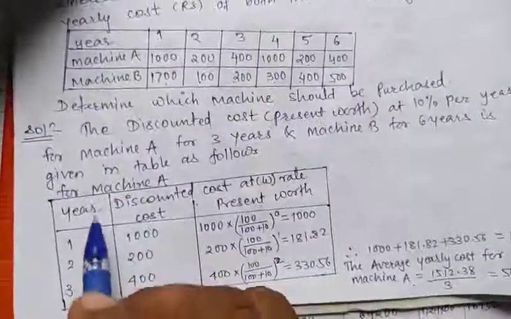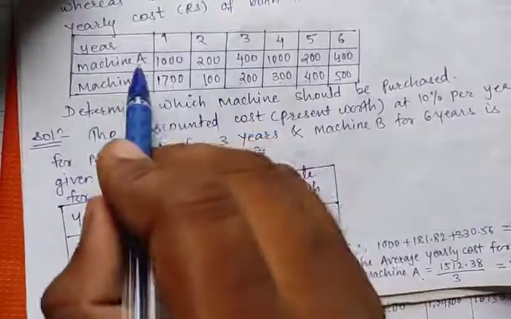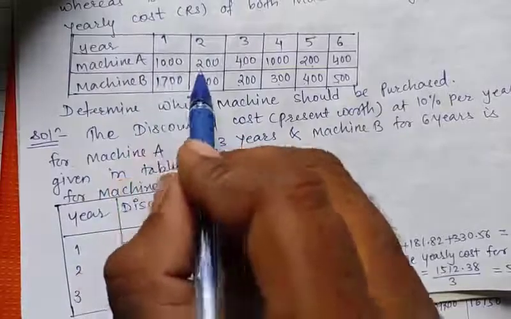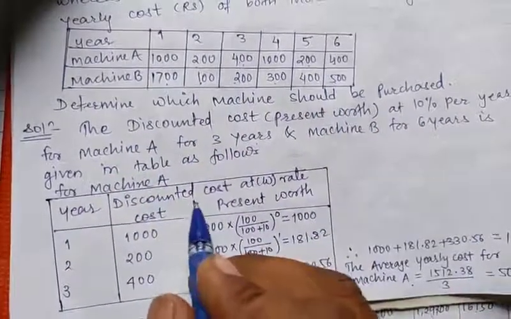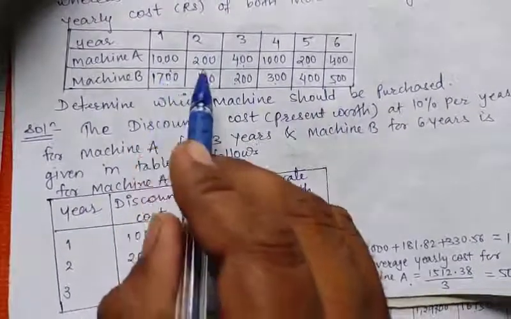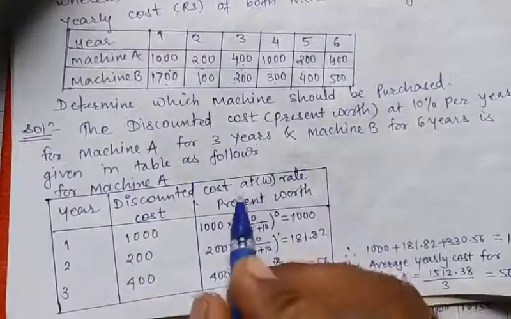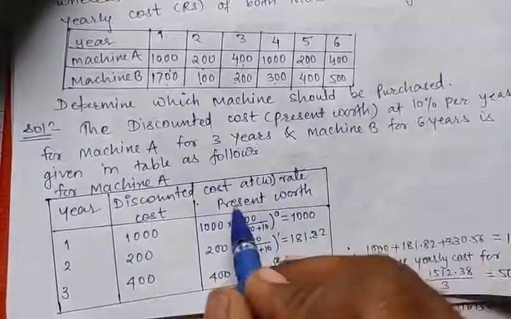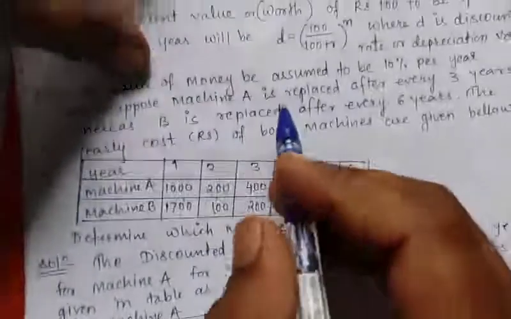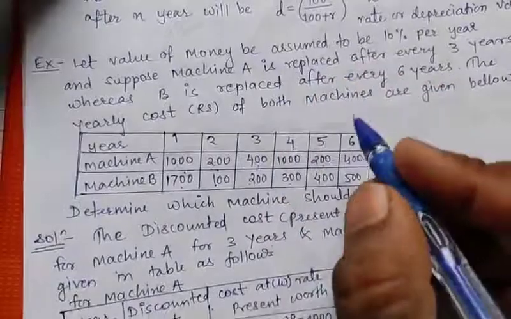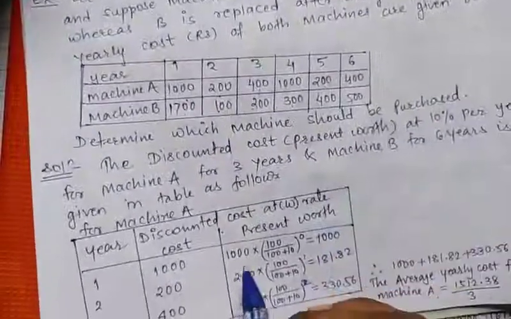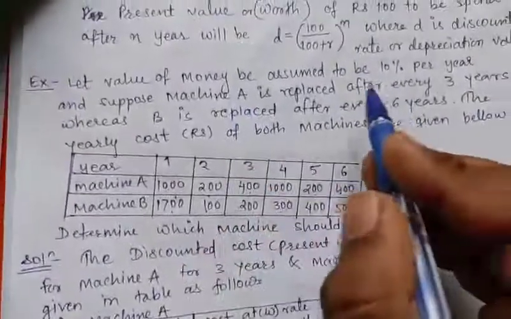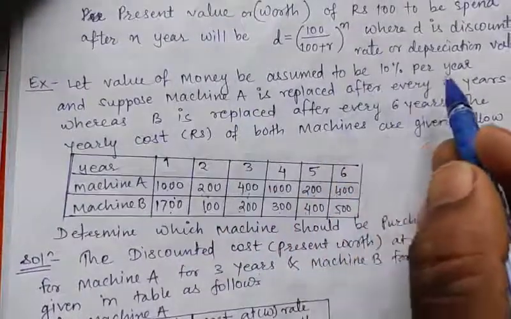Let's see. For the first 3 years, machine A has costs 1000, 200 and 400. Now the present worth has a formula. We have assumed 10% per year.